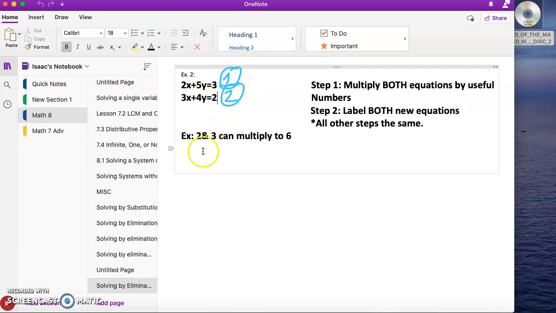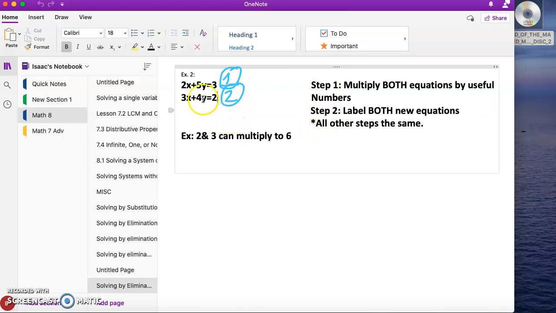So let's say I've got these 2 equations. I've got 2x plus 5y equals 3, and 3x plus 4y equals 1. Step 1 in this type of situation is multiply both equations by useful numbers. And what I mean by a useful number is a number that'll help me to eliminate one variable in my new equations.